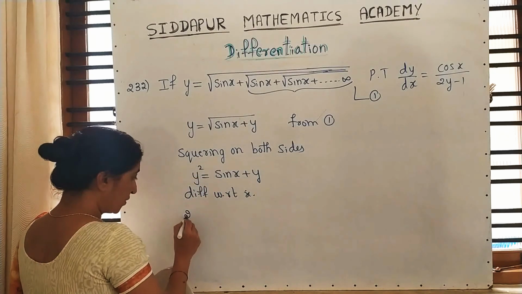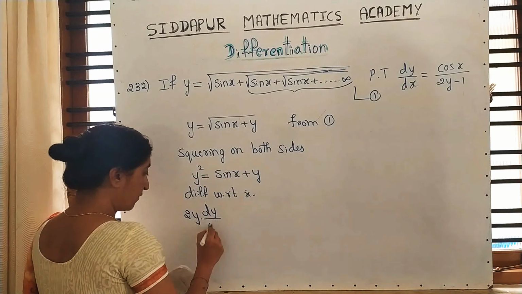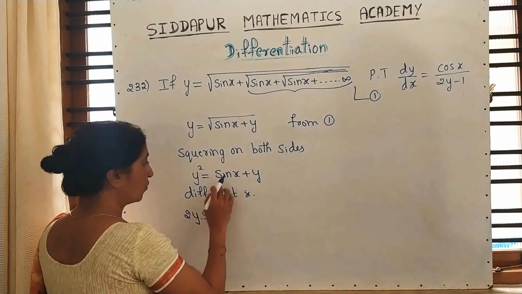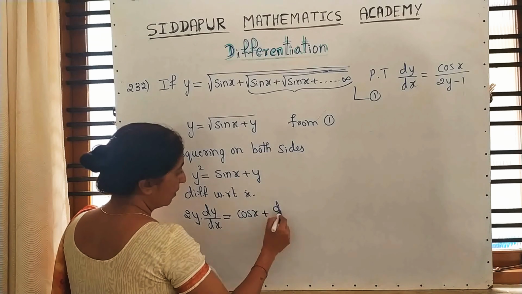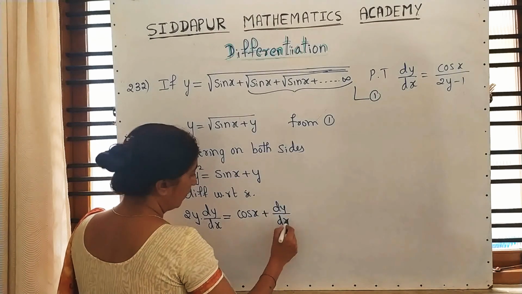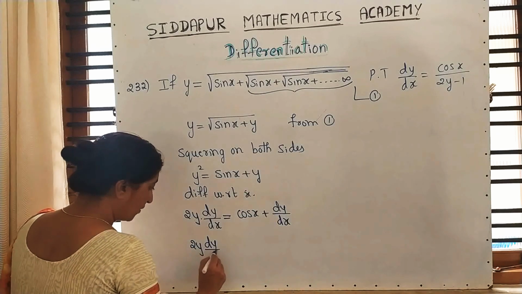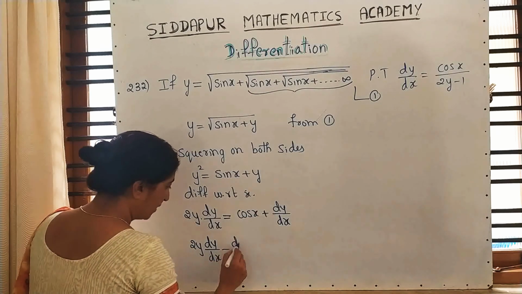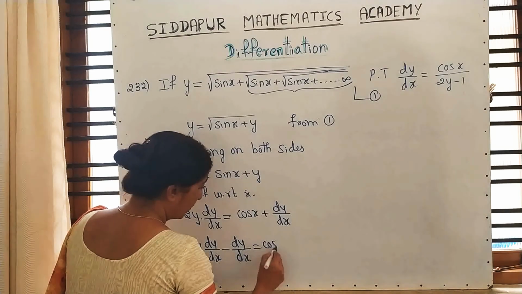What is differentiation of y square? 2y, first power, then base. 2y dy upon dx is equal to differentiation of sin x is cos x plus differentiation of y is dy upon dx. Then write down the term with dy upon dx one side, without dy upon dx one side.